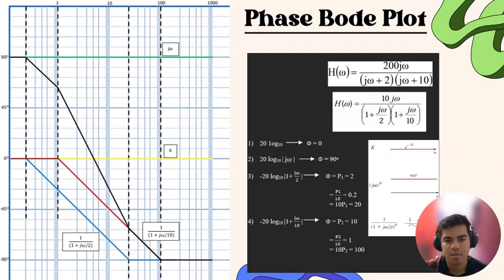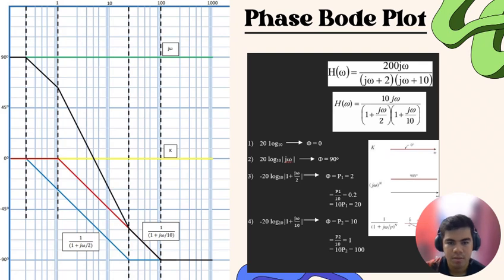For number one, 20 log 10, the phase is 0. We can see the phase started from 0 and runs straight until the 1000s. And number two, 20 log 10 jω, the phase is 90 degrees, same as the K that starts from 0, but the jω we start from 90 until the 1000s.